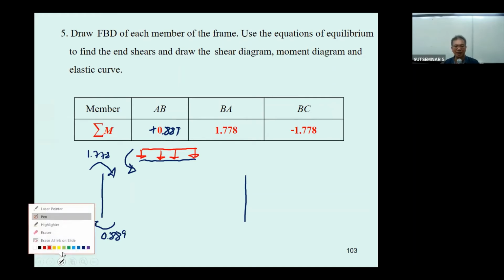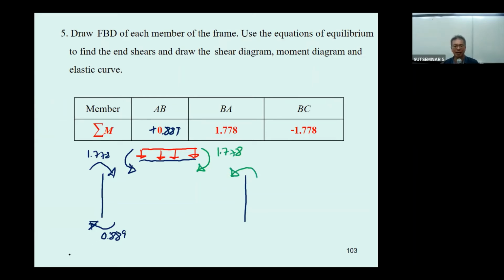And then for the symmetry, this one is going to be 1.778 like this.